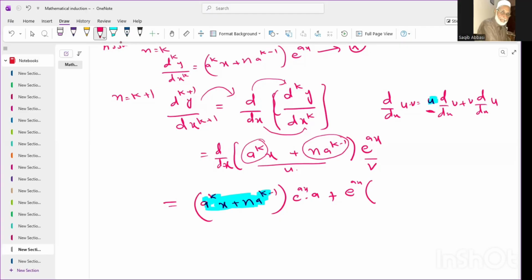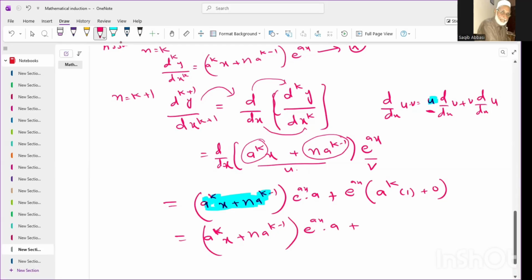So we write it in this form: a^k, because all these values will be 0, x will be 1 and this value will be 0. Now (a^k x plus n a^(k-1)) e^(ax) into a plus e^(ax) a^k.